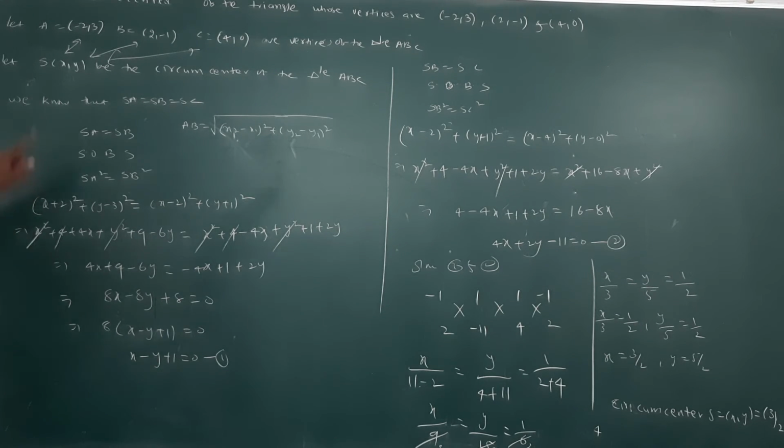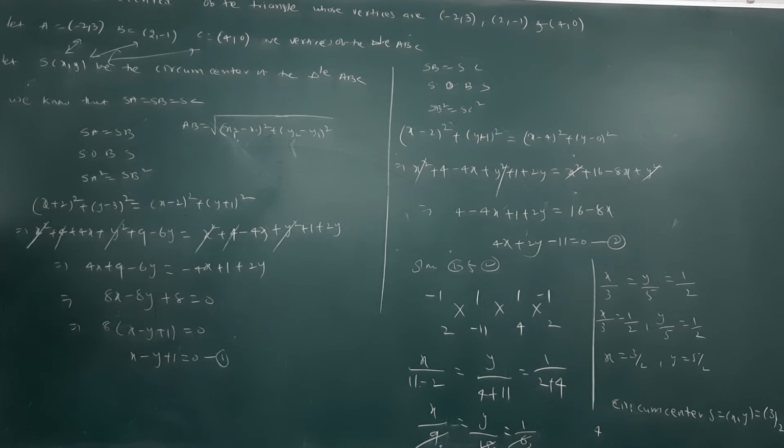What is SA? The distance between S and A, nothing but x plus 2 whole square plus y minus 3 whole square. SB is x minus 2 whole square plus y plus 1 whole square. Using a plus b whole square is a square plus b square plus 2ab, and a minus b whole square is a square plus b square minus 2ab.